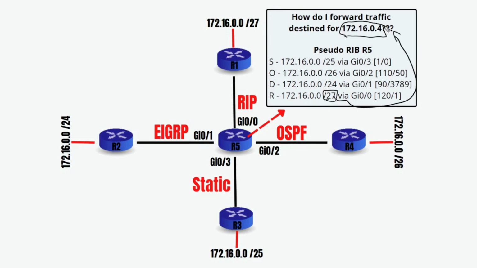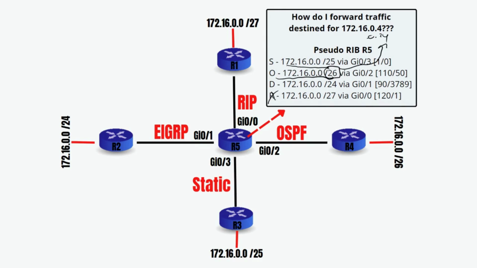So that's the rule of specificity. If we have an IP address destined to .0.34, it's not going to choose that RIP route and instead will choose this OSPF route, because that's the longest prefix inclusive of the destination IP.